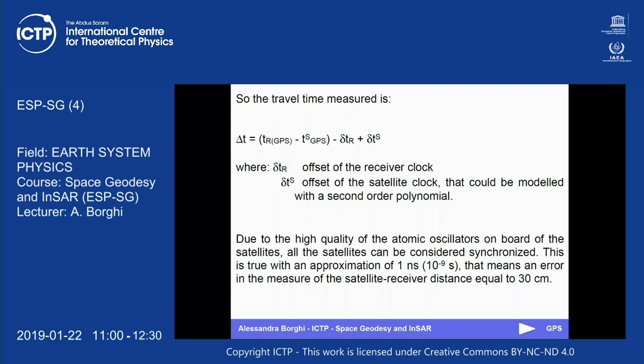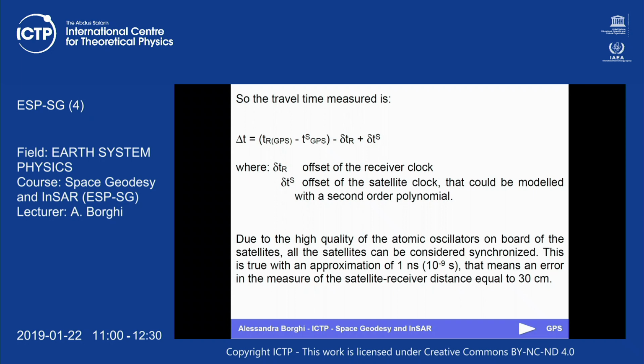Due to the high quality of the atomic oscillators on board of the satellite, they can be considered synchronized. We are going to see that for very high precision applications, we also control this quantity. But for the receiver, not. We see that just an approximation of 1 nanosecond could introduce an error in the distance equal to 30 centimeters.